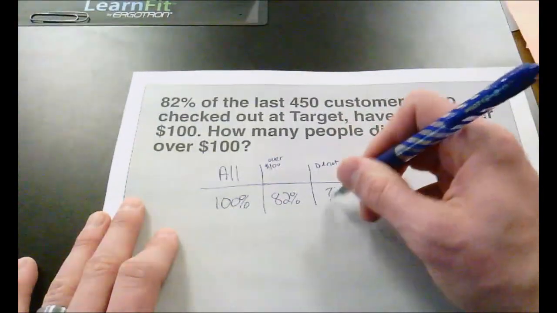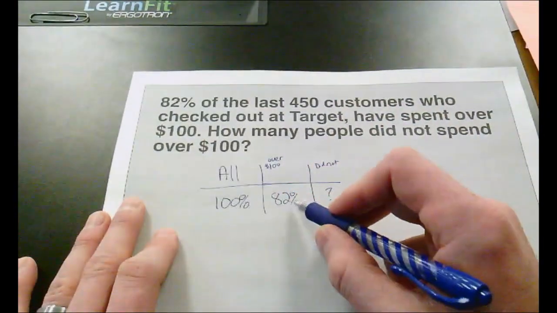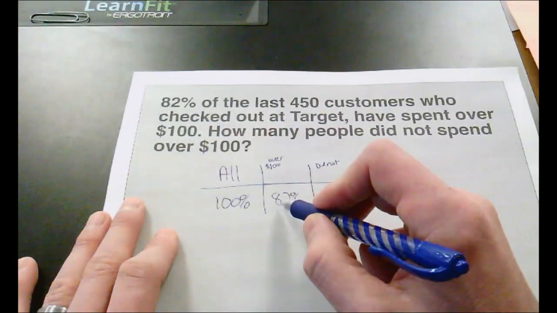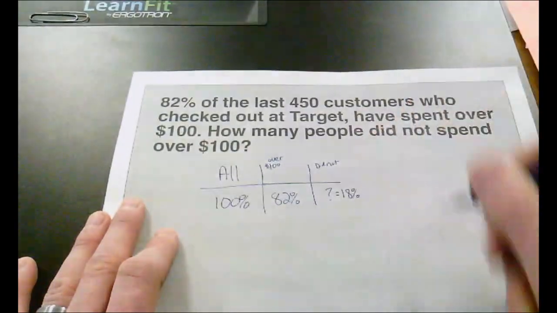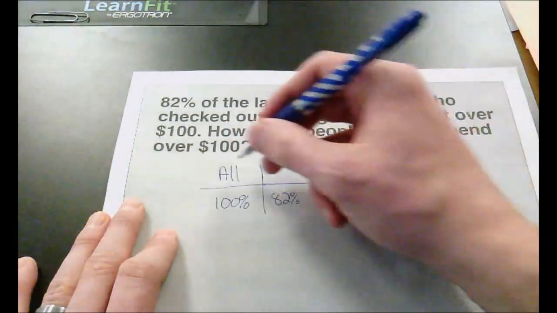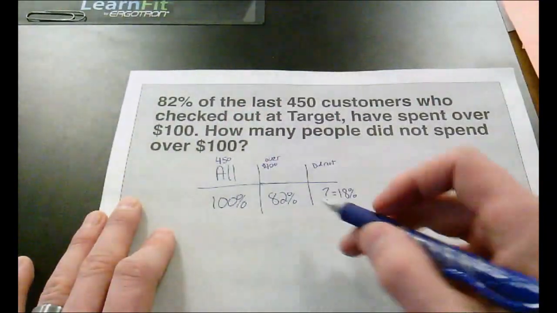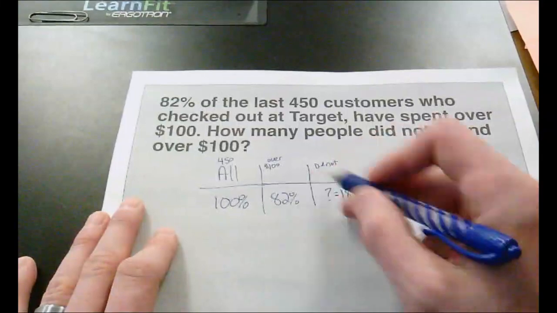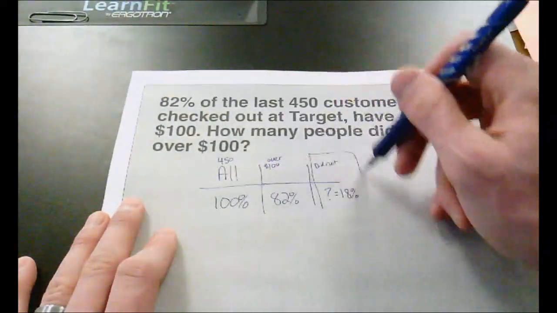Well, how do we calculate this as a percent? Well, we just need to take our 100% minus 82%, which we would get 18% of the people did not spend over $100. Knowing that there's a total of 450 people, I can either choose to solve one of these and then do the subtraction here, or I can just simply solve my problem.